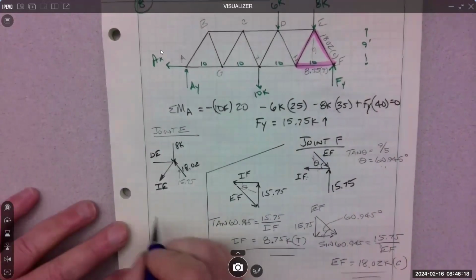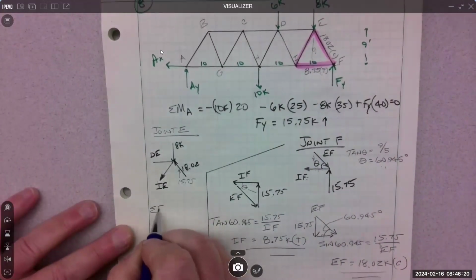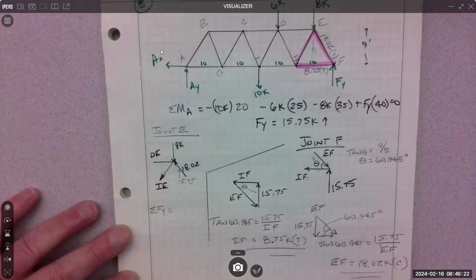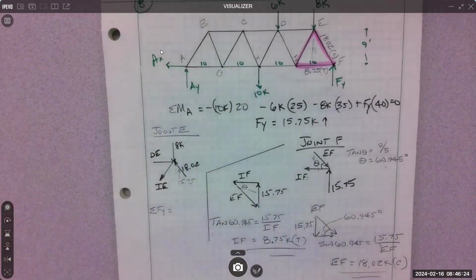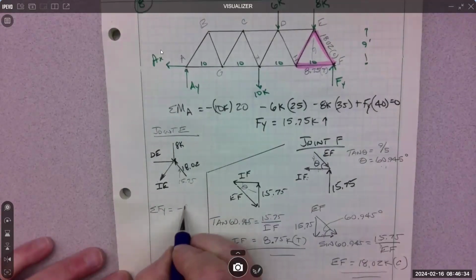So this would be some forces in the Y. Minus 8 coming down.